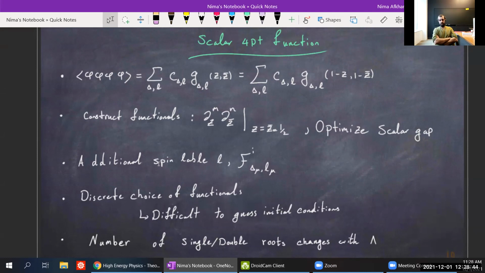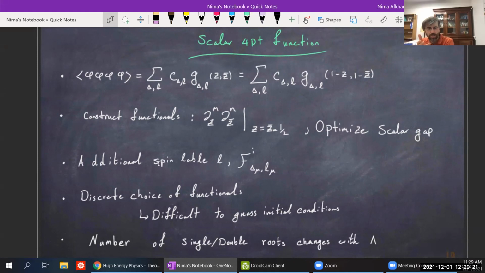And as I change the dimension of the functional space and I extract the roots of the extremal functionals for different spins, so there will be an extremal functional for spin 0, spin 2, and so on. When you look at the pattern of zeros, it seems to be all over the place, especially in the higher operators. So the low-lying operators will typically converge. So the scalar gap will converge. The first few operators will converge and they'll be stable. But as I increase lambda, there will be new roots that appear in the higher end of the spectrum, and those ones aren't stable.